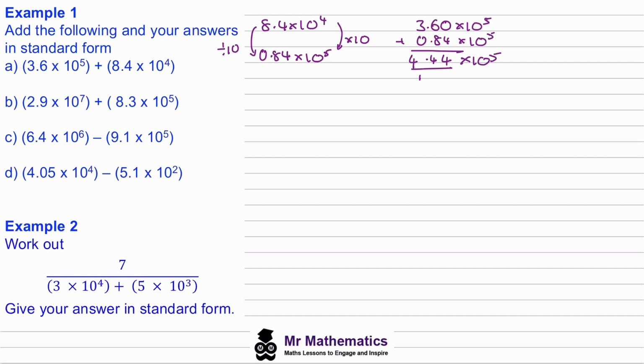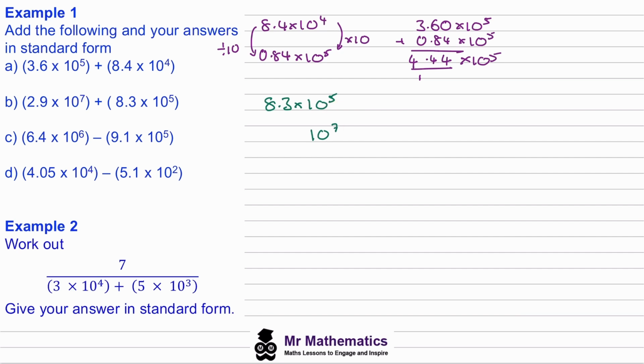Okay? And then for part B, to add these two numbers together, we need the same power of 10. So we need to write this number using 10 to the 7. So 8.3 times 10 to the 5, using 10 to the 7, how do you think we go from 10 to the 5 to 10 to the 7?